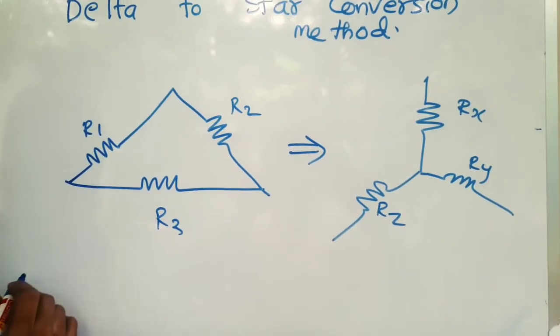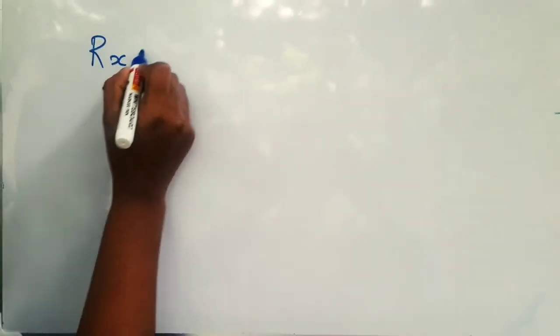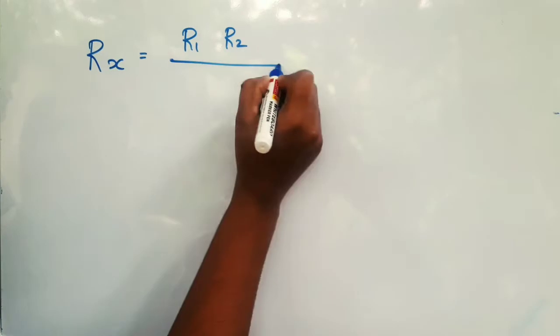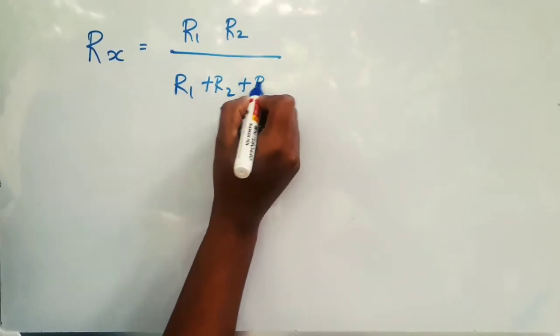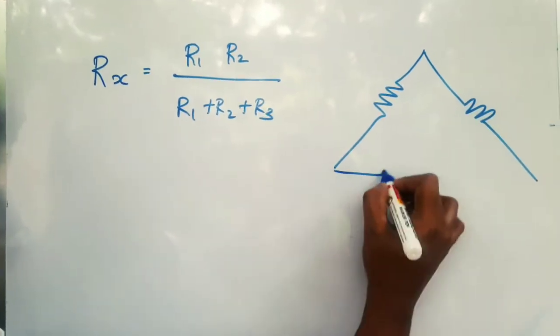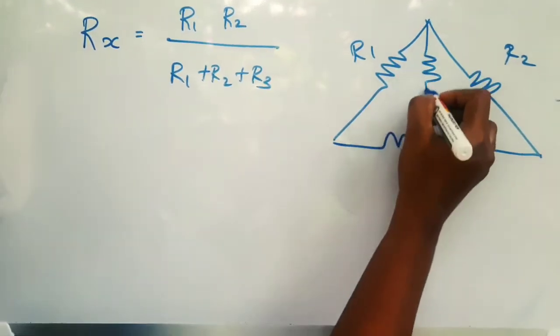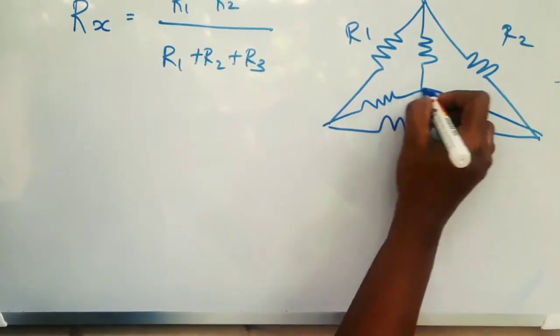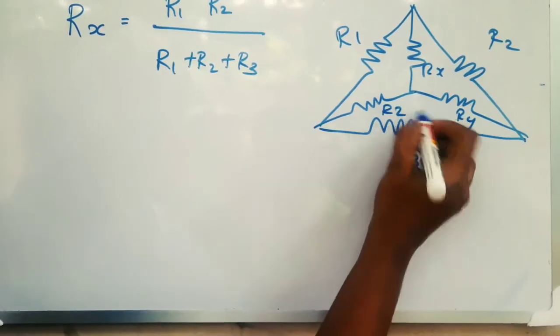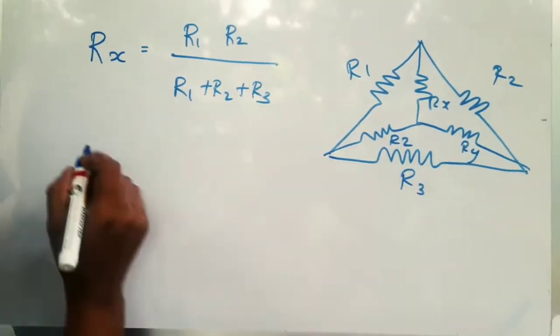For that, the equations are: Rx equals R1 R2 divided by R1 plus R2 plus R3. So the equation of Rx is R1 into R2 divided by R1 plus R2 plus R3.